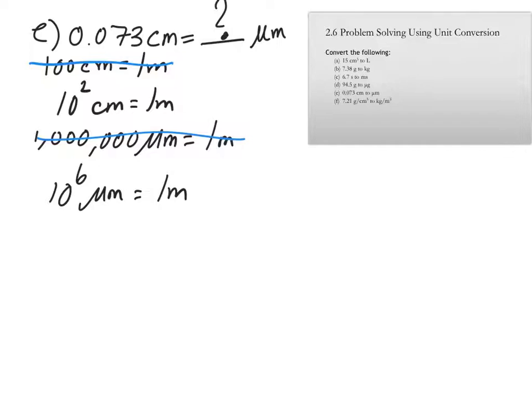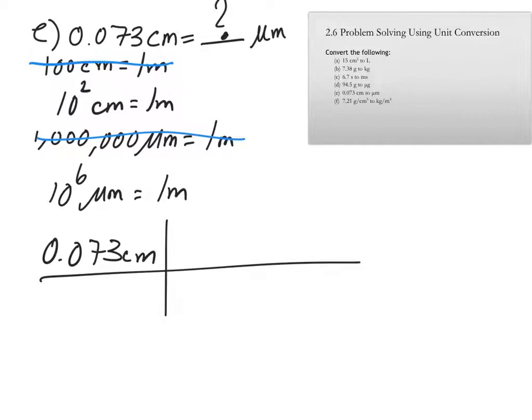All right. So now, what you will see, I'm going to write this out. We have 0.073 centimeters. So we want to first get rid of centimeters. So we're going to use this conversion factor here first. So 10 to the 2nd centimeters per meter.